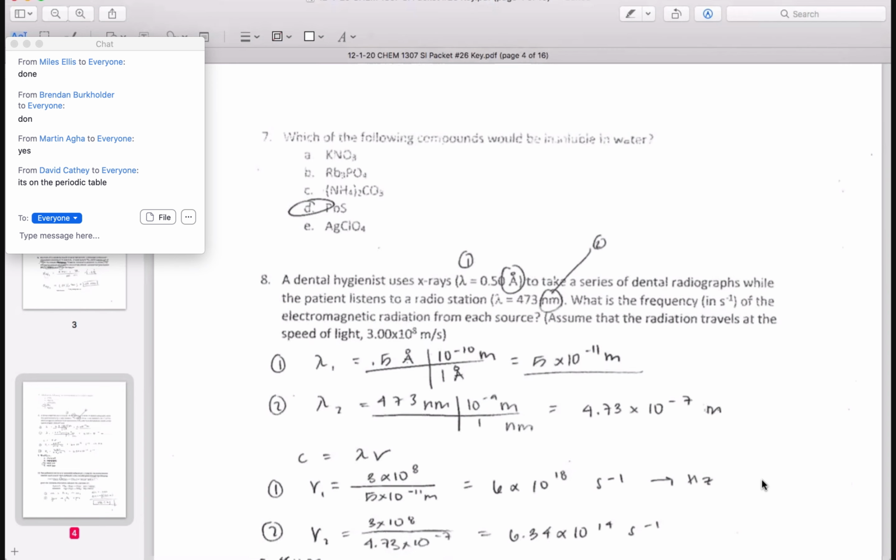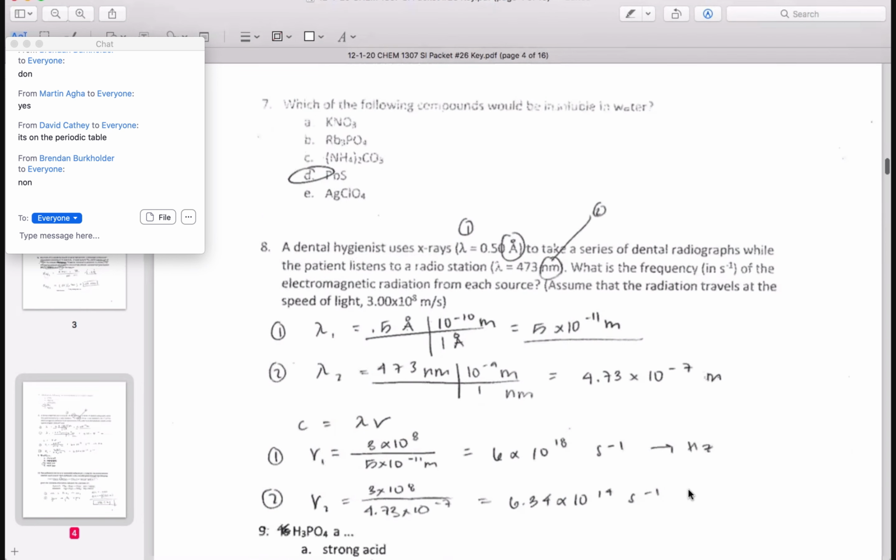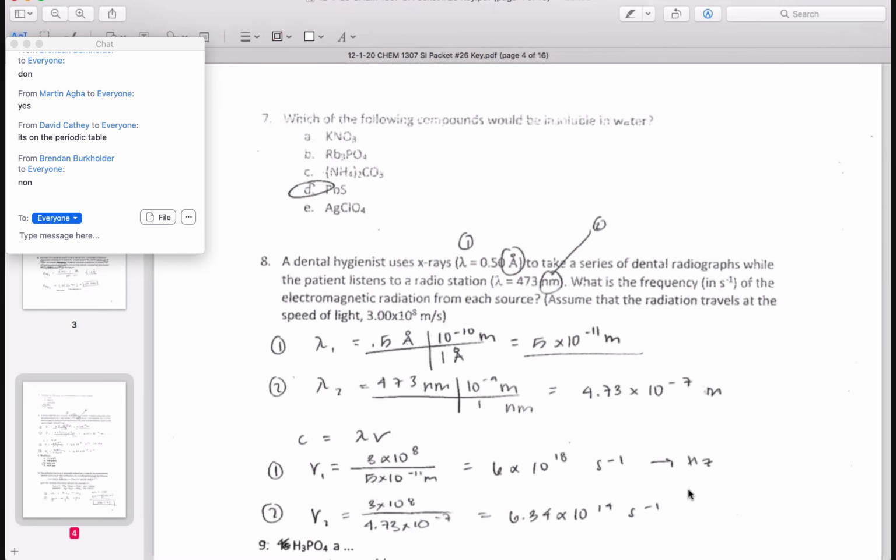So they could have asked for the units in terms of hertz, and you would still go about it the same manner because inverse seconds is equivalent to hertz. Okay. Do you have any questions on this one? Okay. Hopefully not. Perfect.